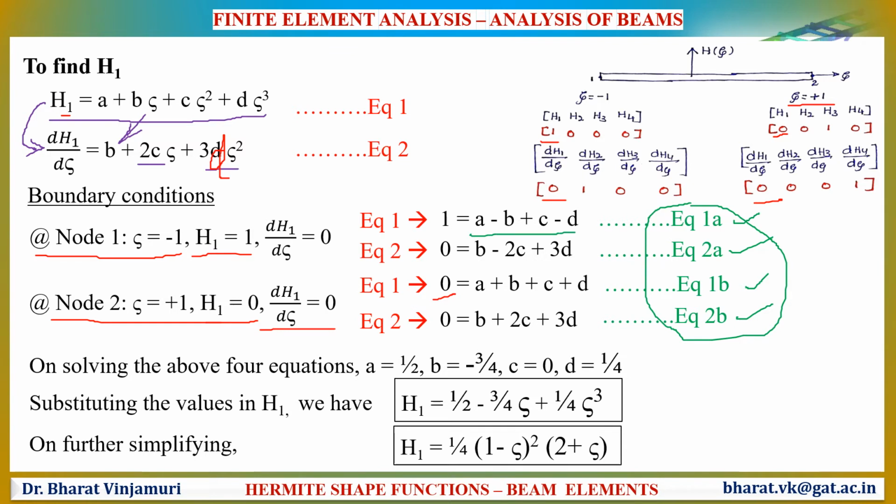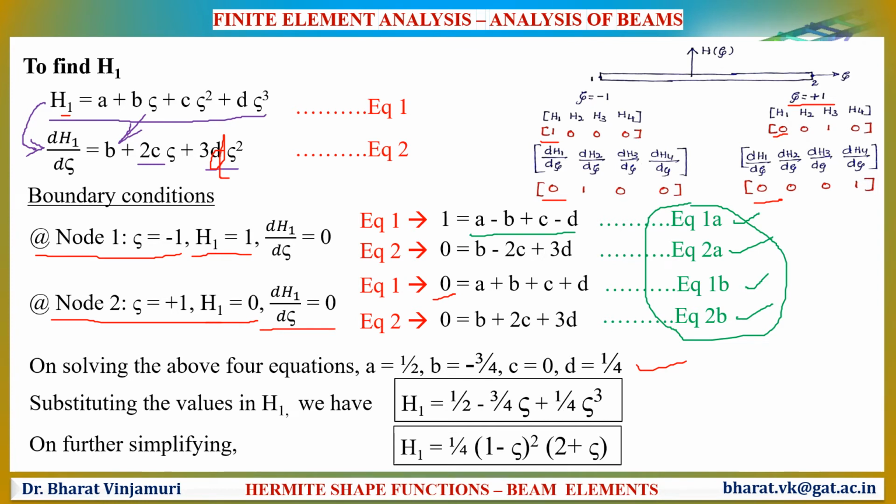Now the coefficients obtained are a is equal to 1 by 2, b is equal to minus 3 by 4, c is equal to 0, d is equal to 1 by 4. Any advanced calculator nowadays can solve 4 simultaneous equations and you will be getting the values.